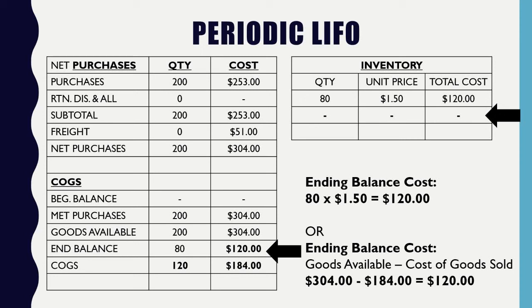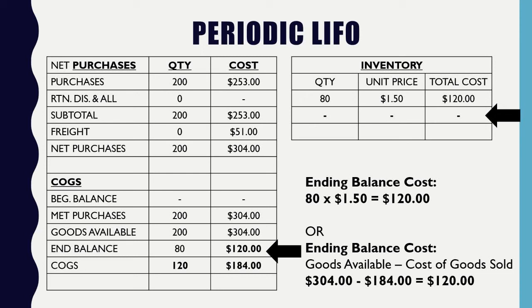Or a quicker, easier way, if you have multiple batches of inventory left over, is to take your goods available of $304, because out of the 200 units that you have, it gave you a total cost of $304. And since I know what my cost of goods sold is, I can just subtract those two numbers to get my ending balance of $120, right?